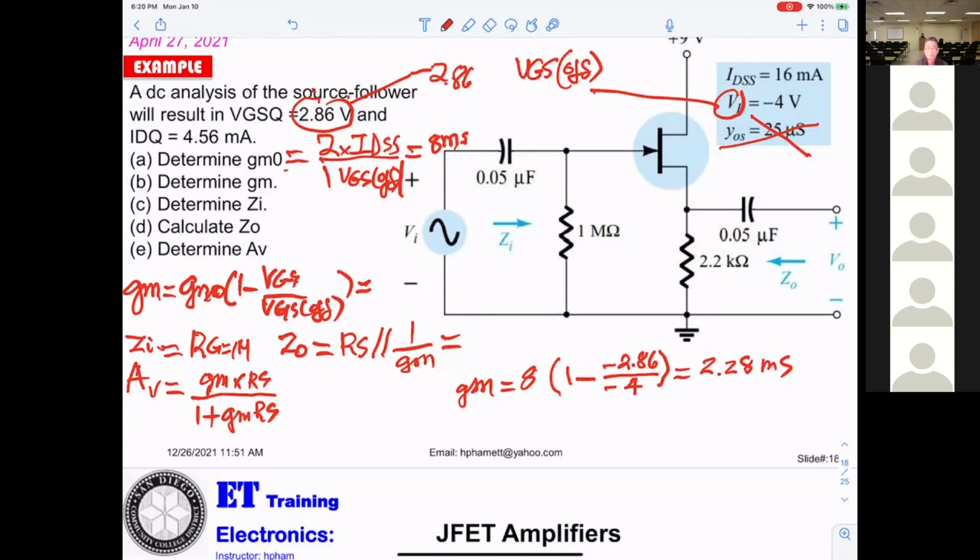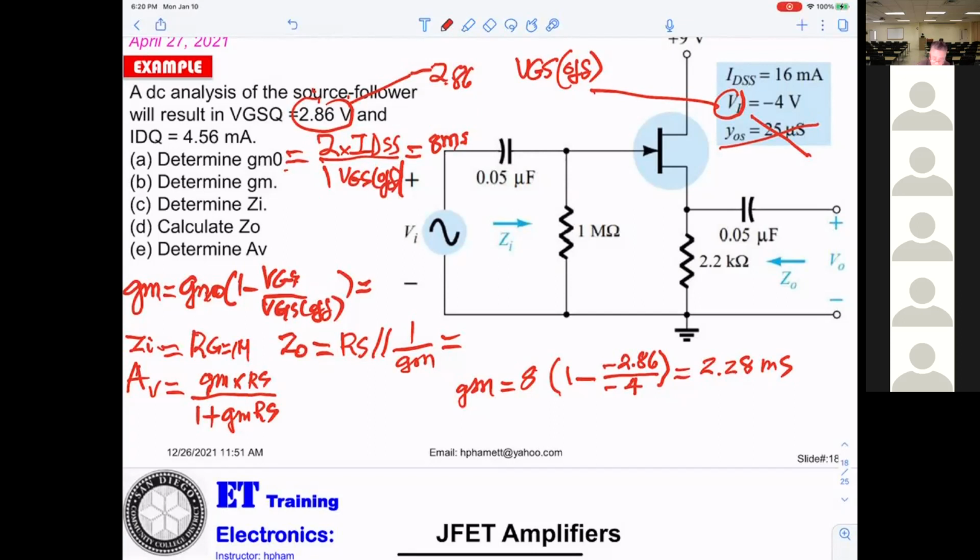Okay, now for GM, doing it the other way, I get 0.00064, which is the same as 0.64 or 0.65 milli. That's for GM. The other student got 2.28.